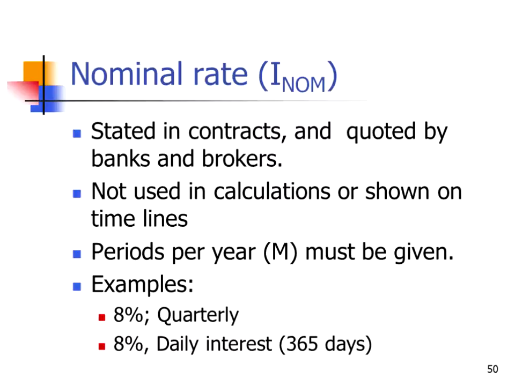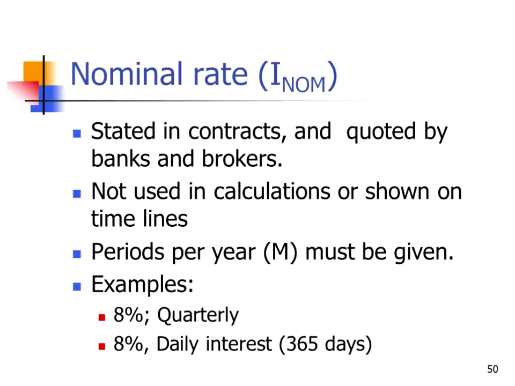All right, so now we come to an important aspect of various ways that the interest rate can be stated. The nominal rate is a very simple way of saying what the rate is as you observe. It's stated in contracts and quoted by banks and brokers.